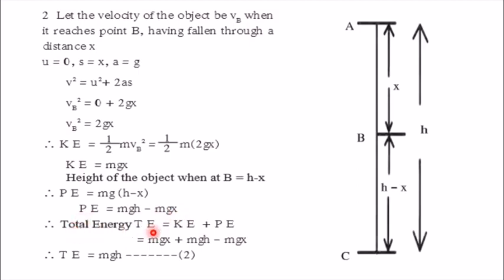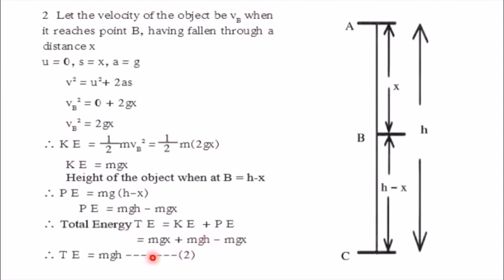Next we have to find the total energy. Total energy is nothing but kinetic energy plus potential energy. Kinetic energy, what we had got here, is mgx, plus the potential energy we had got, mgh minus mgx. Now you can see that this is plus and this is minus, so mgx and minus mgx get cancelled and what remains is mgh.